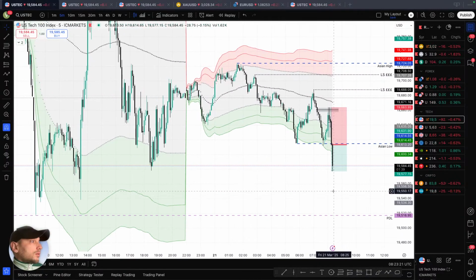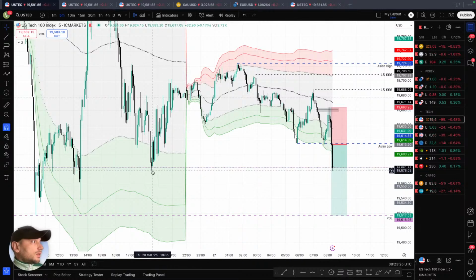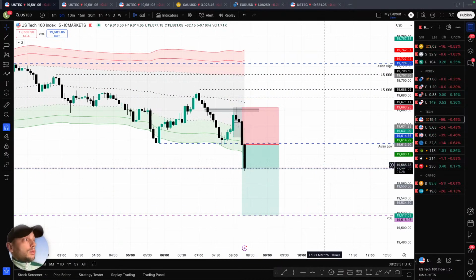Targets, previous day low. We might see a slight reversal after those lows, but this is the next target. With this push, I think we'll go down. I think it'll keep going down.